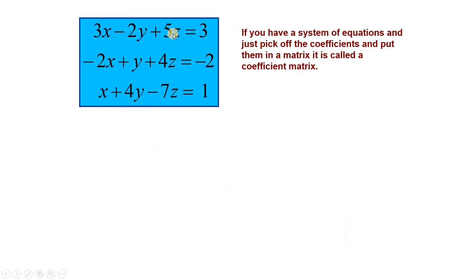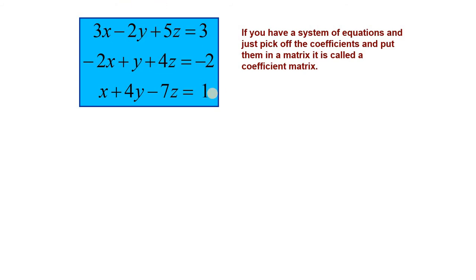Now here we have a system of linear equations. In this set of equations we have 3 variables x, y, z. These variables are also called the unknowns. If we write the coefficients of these variables as a matrix, we call it a coefficient matrix.